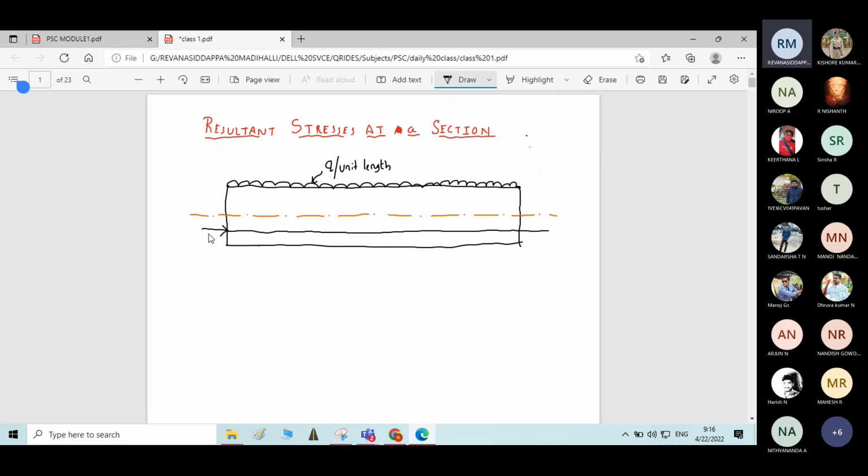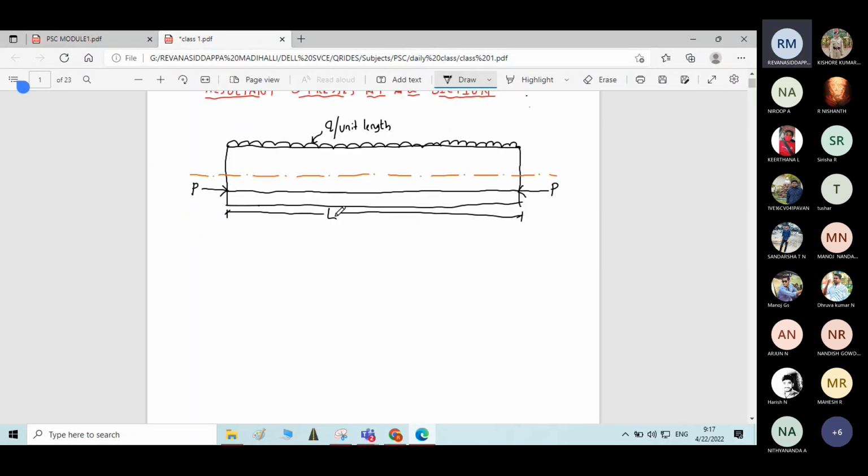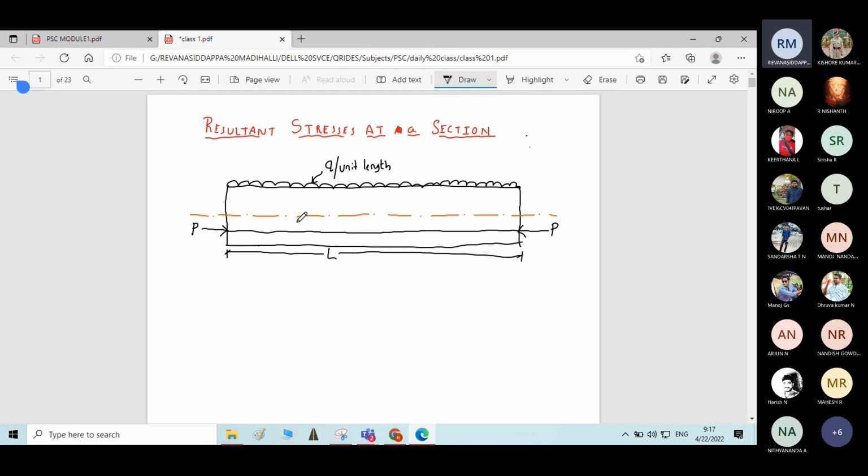Let us assume the pre-stressing force as P. Pre-stressing force as P. Let us take L as length of the beam. Now, for this beam, we will find resultant stresses.